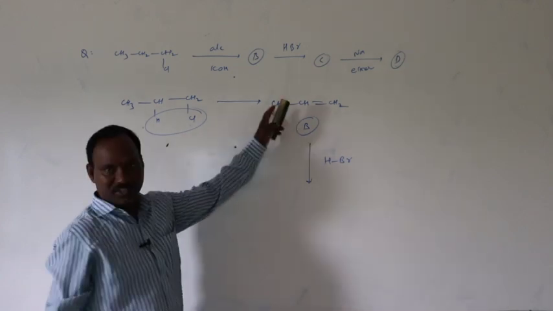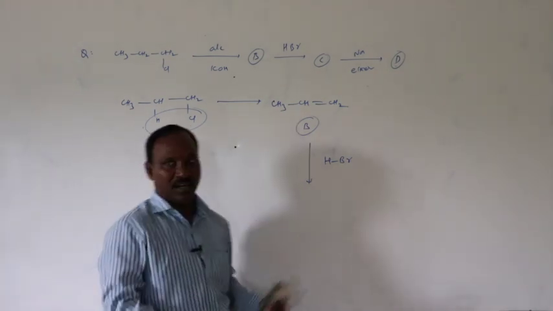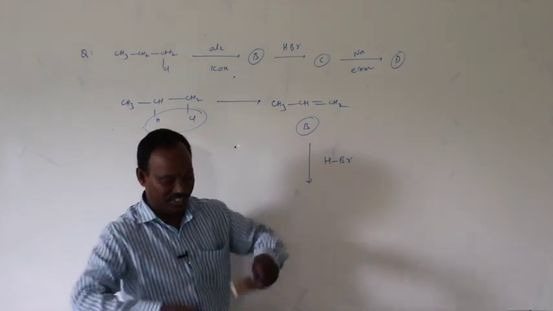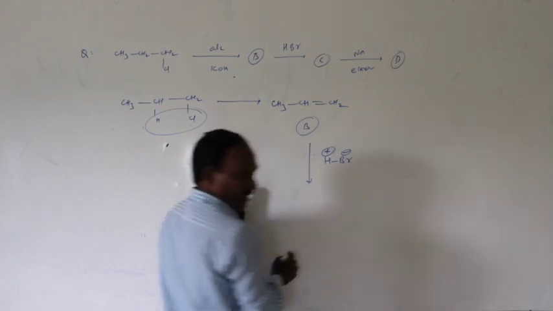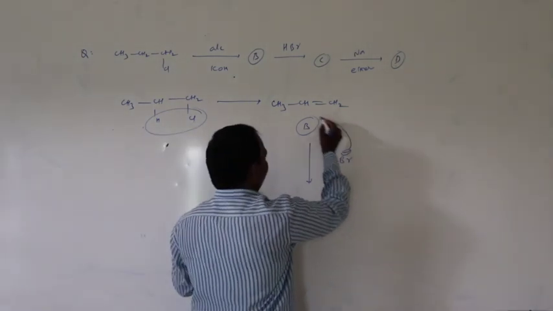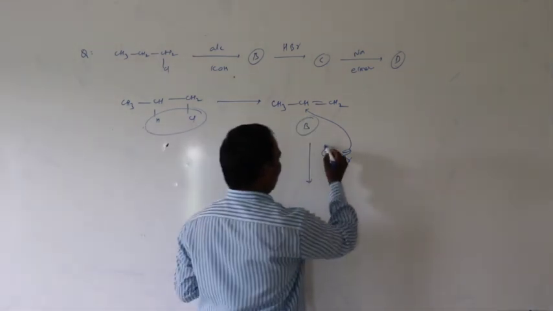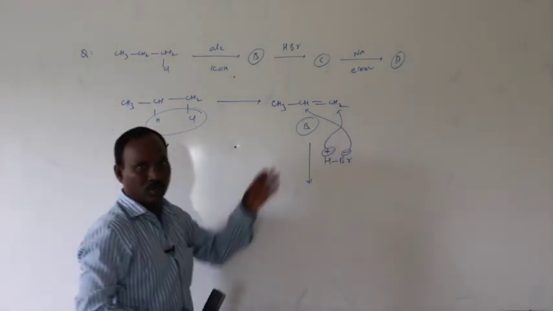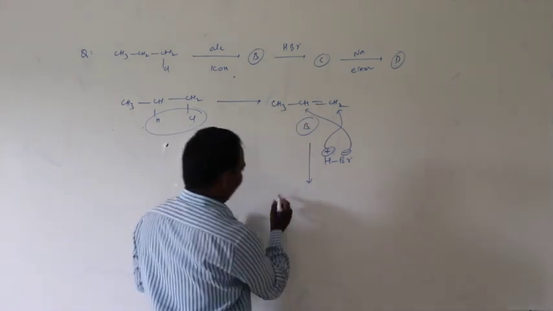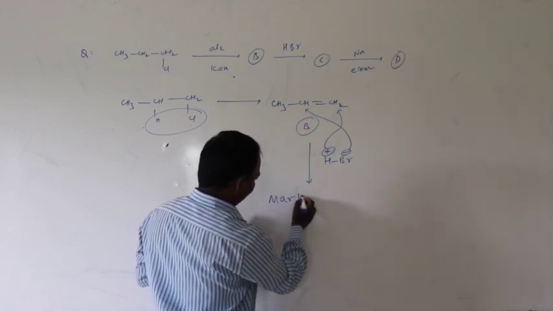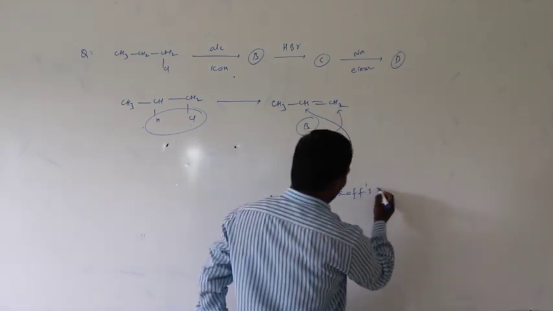Propene is an unsymmetrical alkene. Now this unsymmetrical alkene on treatment with an unsymmetrical reagent, in this case H plus and Br minus, the negative part of the reagent is added to the carbon containing fewer hydrogens, and the positive part of the reagent is added to the unsaturated carbon containing more hydrogens. This is called Markovnikov's rule.